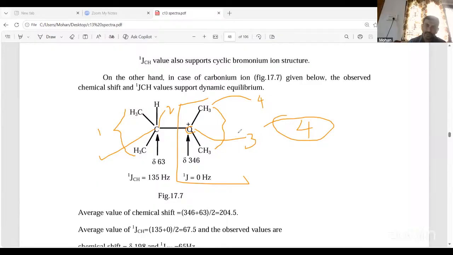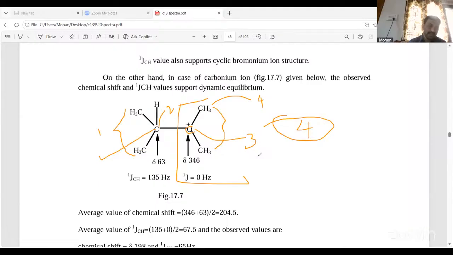but practically, when you record the C13 spectrum, theoretically it is calculated there are four signals, isn't it? Here, these two have the same chemical environment, so you get one signal, and for this carbon you get two signals, and for this carbocation positive charge carrying carbon, it is different, so you get a third signal, and the two methyls on the carbocation appear as different, so there are four signals here, isn't it?